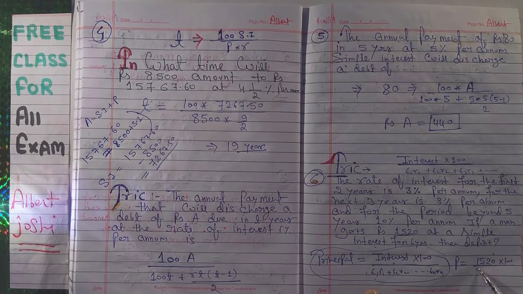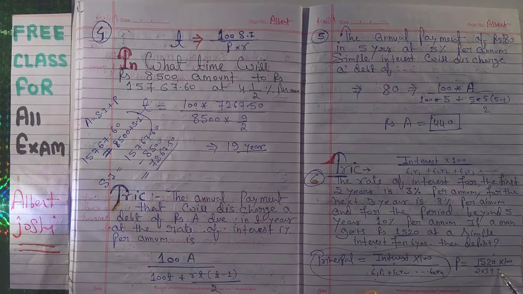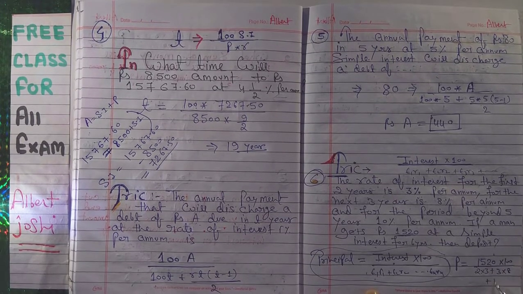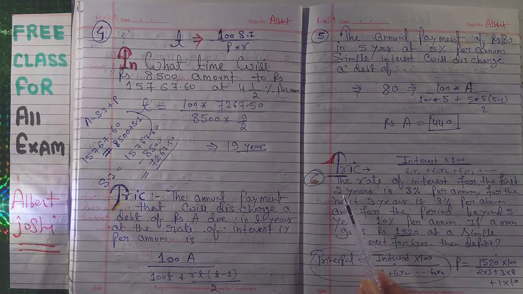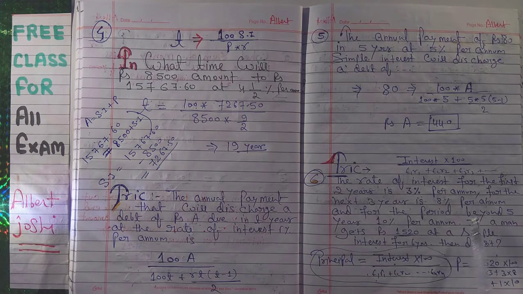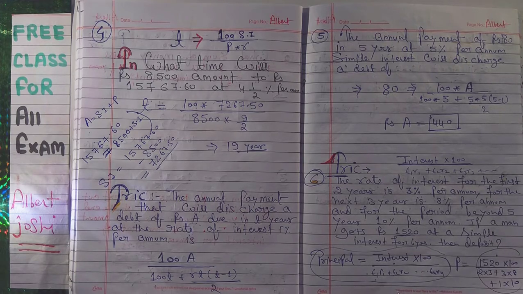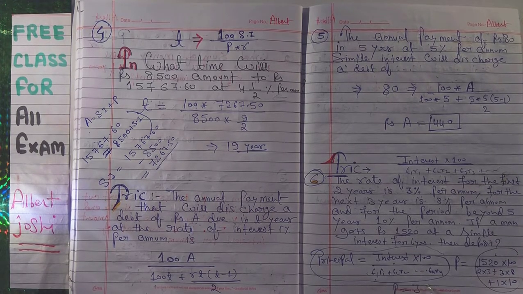T1 is 2 into 3, then 3 into 8, then 1 into 10. 3% for 2 years, 8% for 3 years, and 10% for 1 year. If you calculate this, then your P will be 3800.